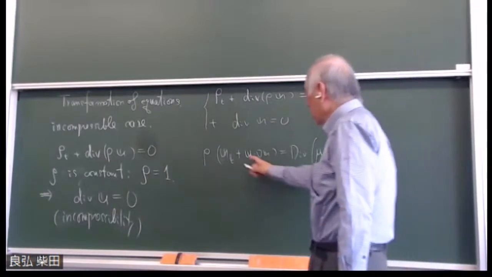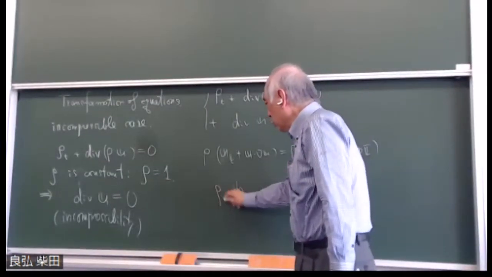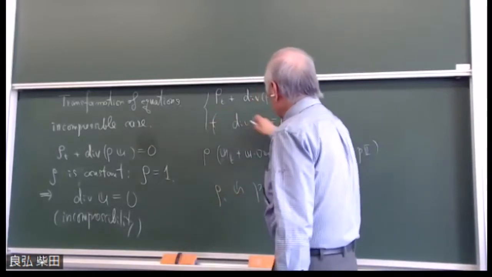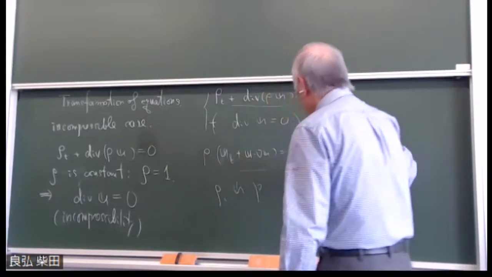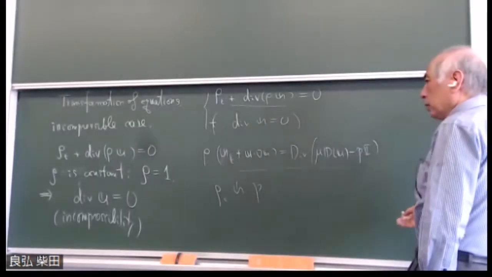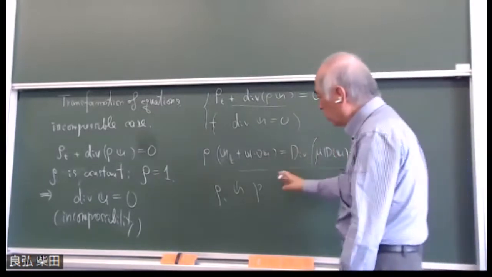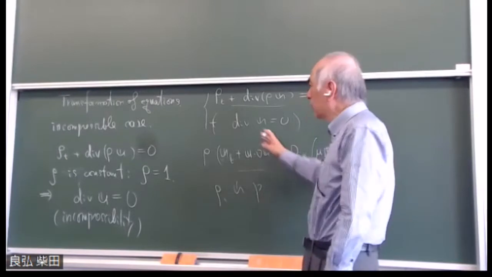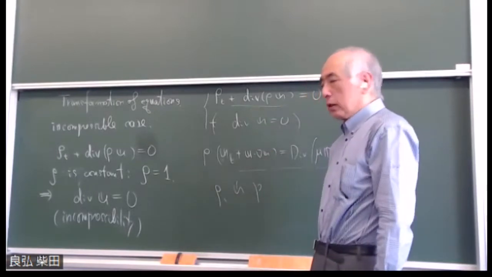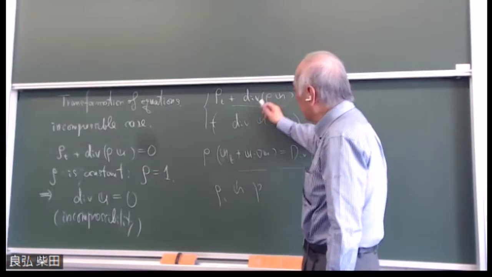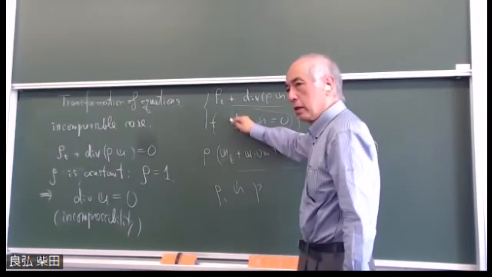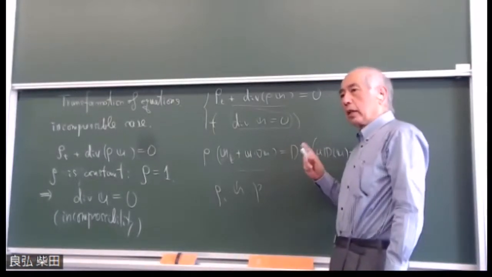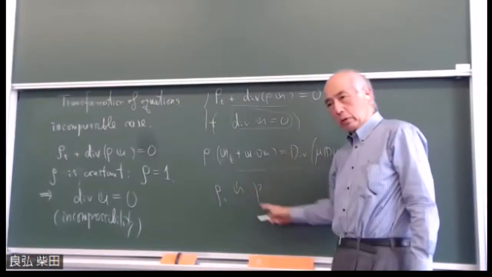Meaning the unknown functions are U, rho, and T. But there are only two equations, this and this. Therefore, the number of unknowns is greater than the number of equations. So if you add this condition, the number of equations is the same as the number of unknowns.